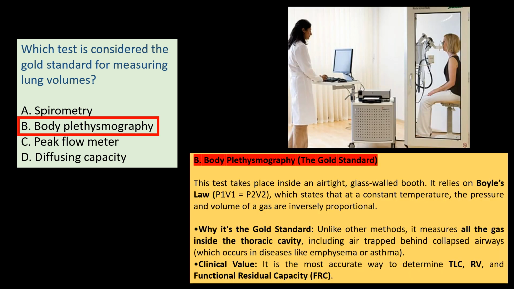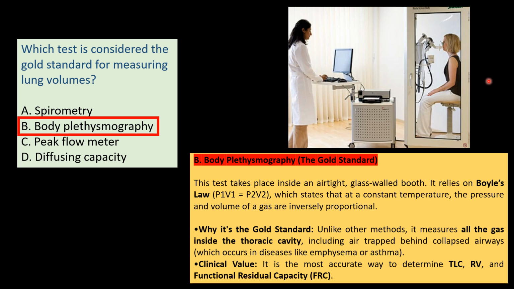This is how body plethysmography is measured, in this box. The principle is mainly Boyle's law, P1V1 equals P2V2. This test takes place inside an airtight glass booth. We consider P1V1 outside equal to P2V2 in the lung.